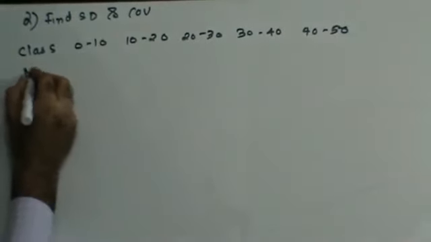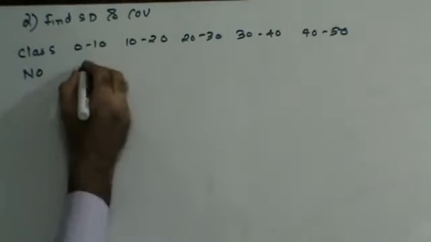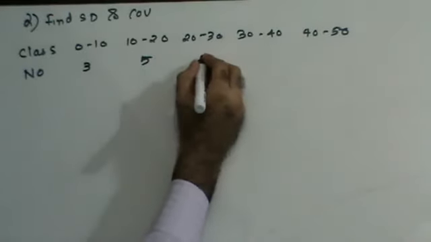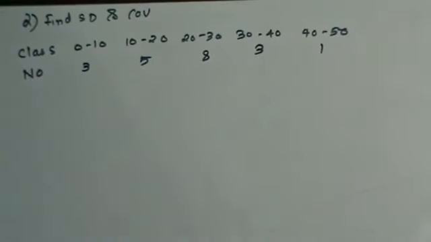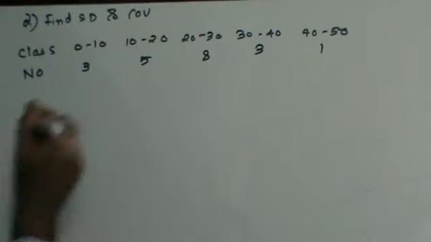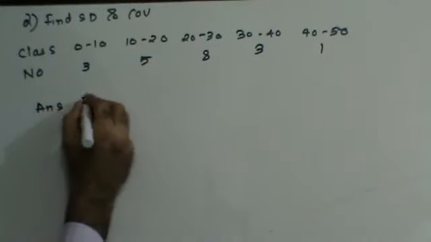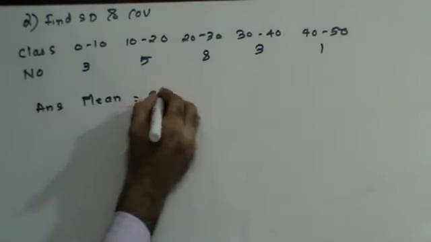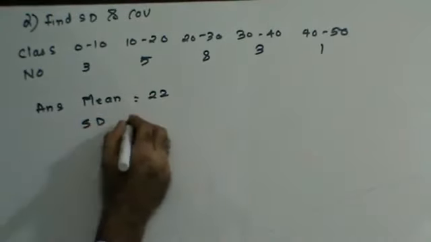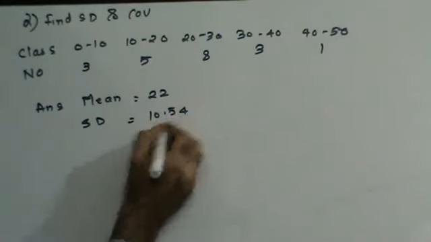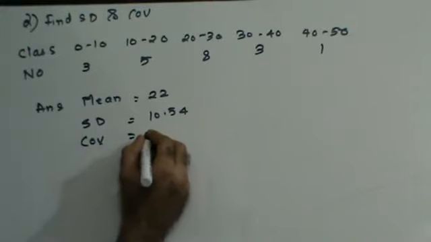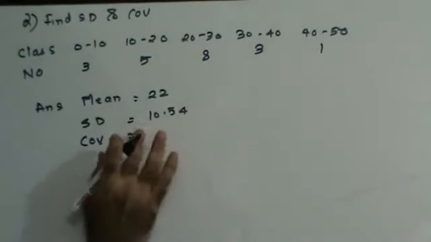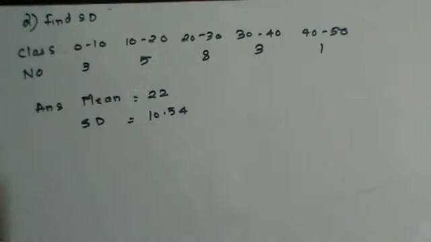And number of shops on class interval, frequency 3, 5, 8, 3, 1. Exactly like the previous sum you have to do. The method is given to you. You should be able to calculate this. The answer for this you should get is, mean as 22. Standard deviation you will get as 10.54. There is no coefficient of variation in this. You have to only find out standard deviation for this sum.